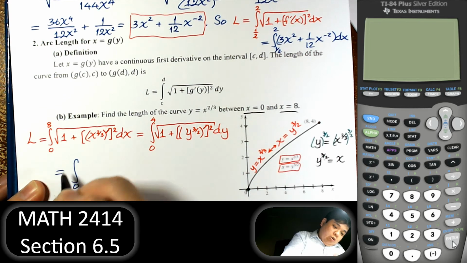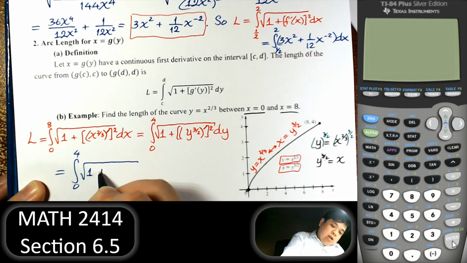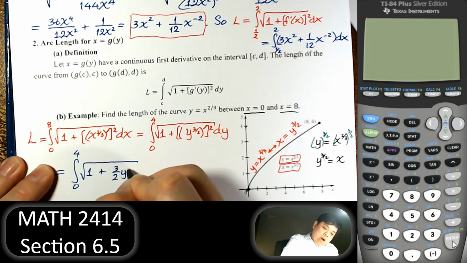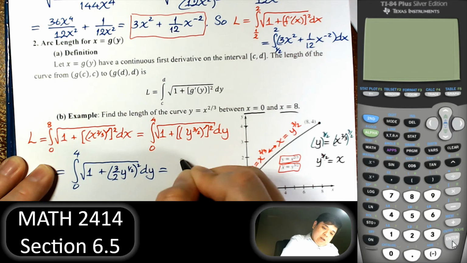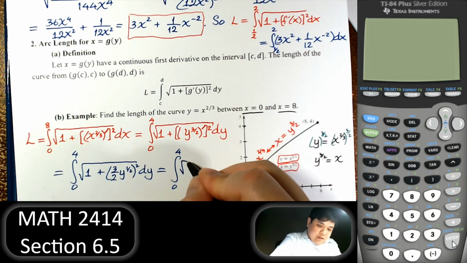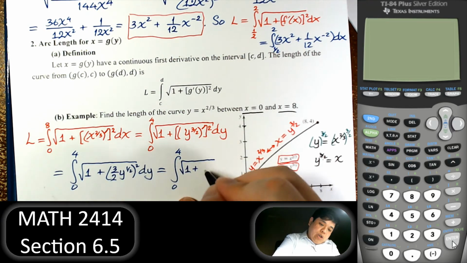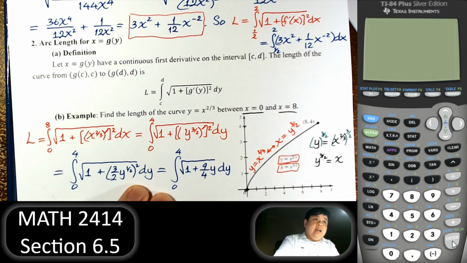So it's going to be 0 to 4, 1 plus the derivative of y to the 3/2, which is 3/2 y to the 1/2, squared, and then we have 1, 3 squared is 9, 2 squared is 4, y to the 1/2 squared is y, and so we have that.